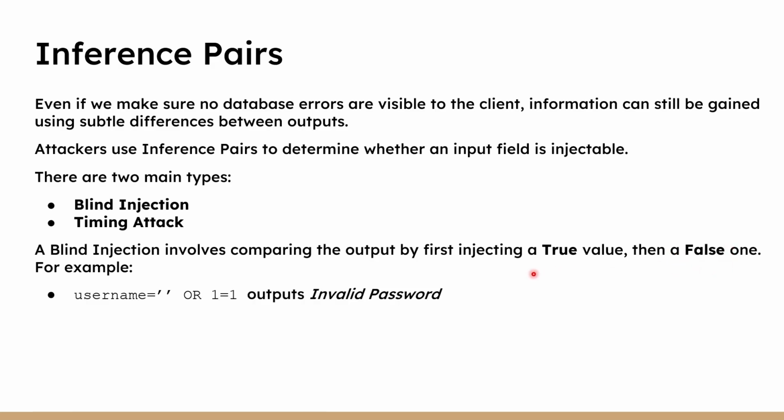In the username field, you might put this and receive invalid password, but then you might put something which is always false and get invalid username and password. This tells the attacker that this was successfully read as true because it didn't say invalid username. They know that this field is injectable.